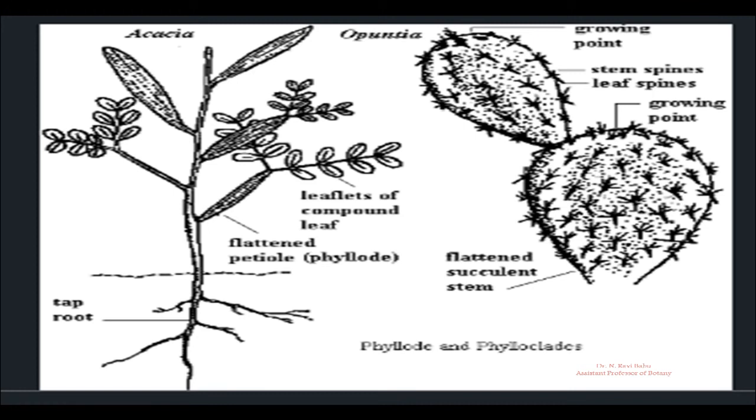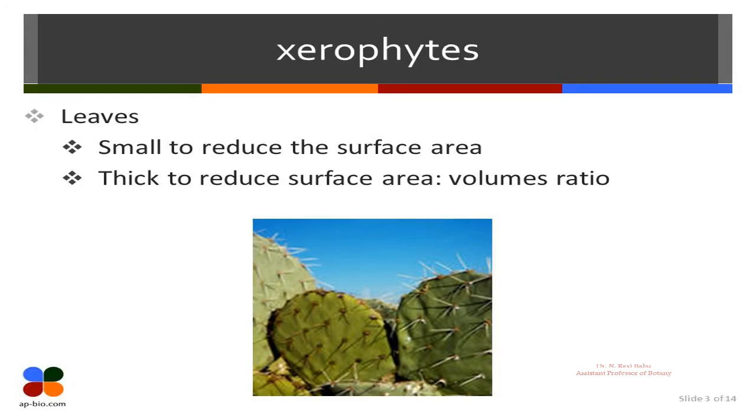Now let us move on to the leaf part, the adaptations that take place in the leaf. Friends, leaves are generally leathery and shiny to reflect light and heat. And in some plants like Euphorbia, Acacia, Ziziphus, and Capparis, the stipules are modified into spines.